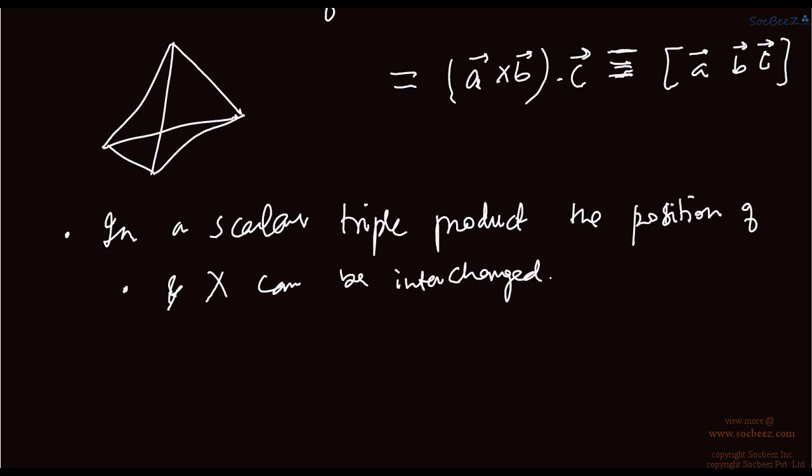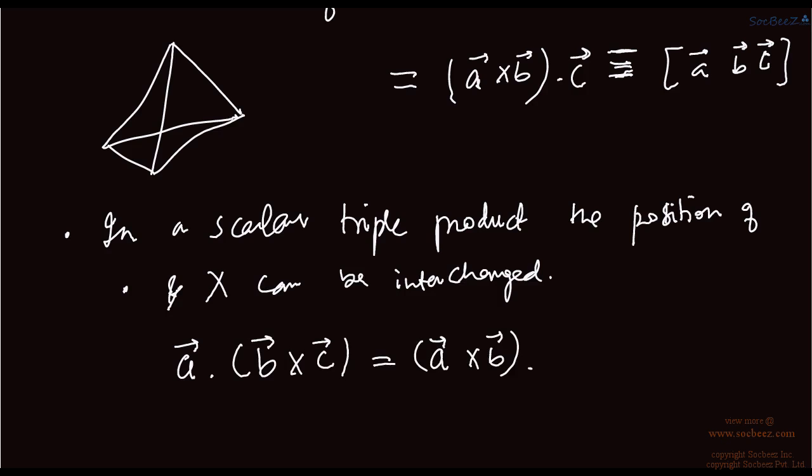Remember this because this is used extensively in JEE exams. So A vector dot B cross C vector is always equal to A vector cross B vector and dot C vector. We have interchanged the position of cross and dot.